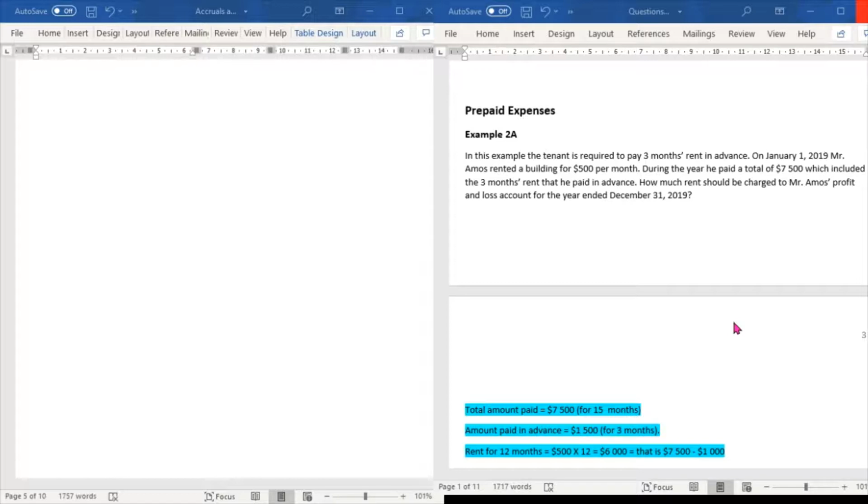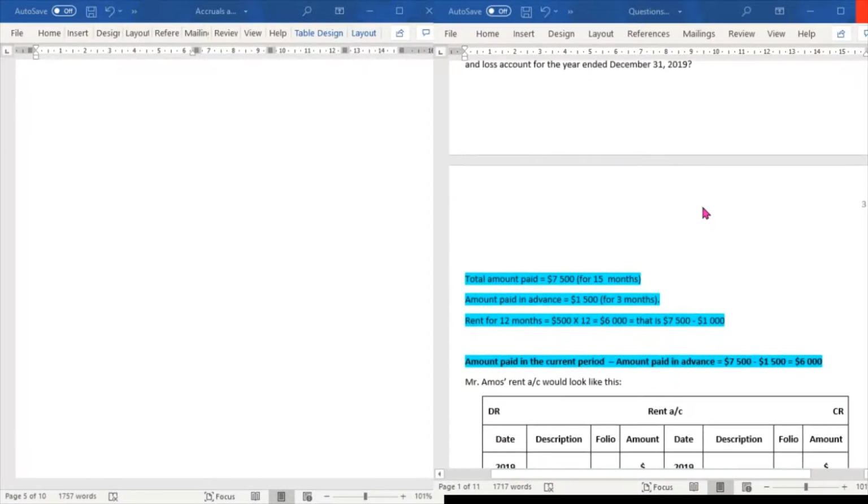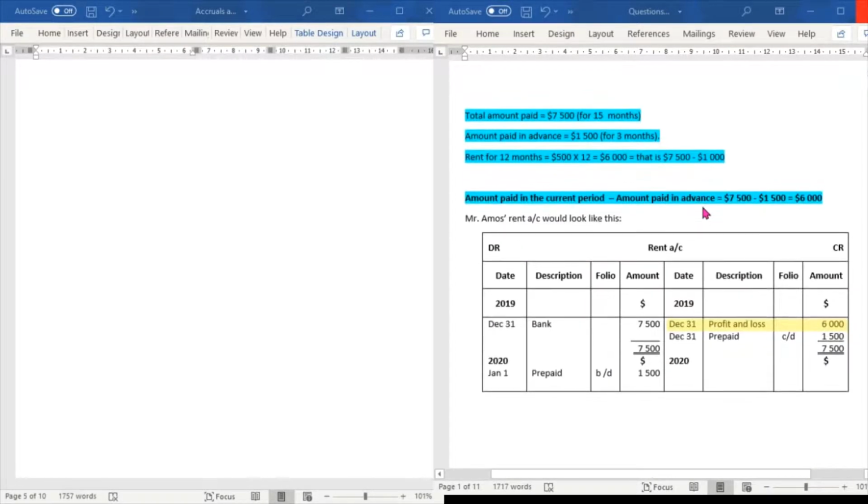How much rent should be charged or transferred to Mr. Amos's profit and loss account for the year ended December 31, 2019? Okay, so we look at the amount that he paid. He paid for 15 months at a rate of $500 per month, so that is $7,500.